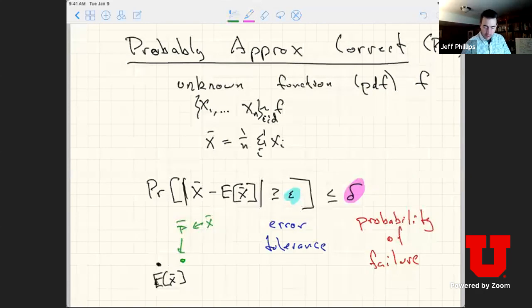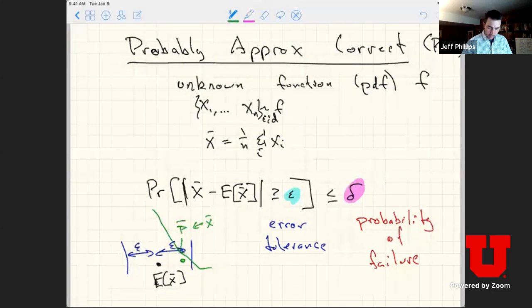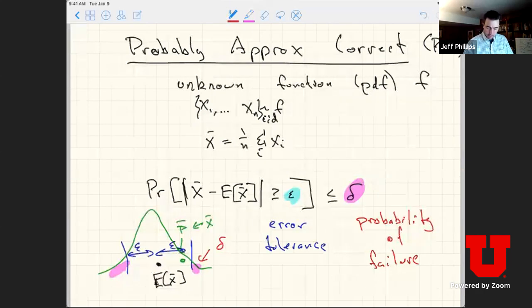What I actually see, I want to know the probability that it falls within some error tolerance. I'm allowed to go in either direction within epsilon error. If there is some probability distribution about this, then there's some region out in the tail outside of here, and this is delta. Usually these are symmetric, though not always. If they're symmetric, then it's delta over 2 on either side, the probability of failure.